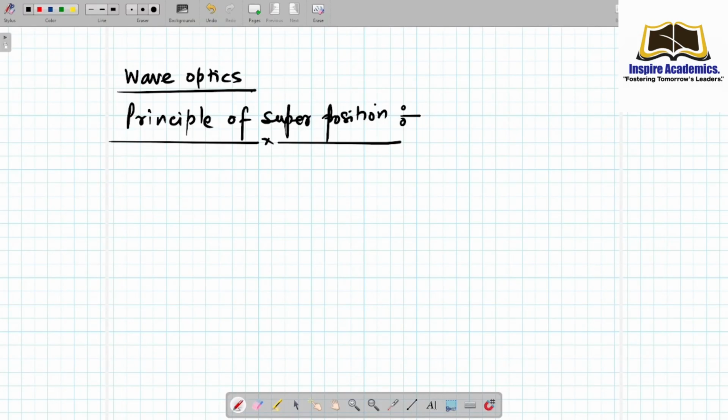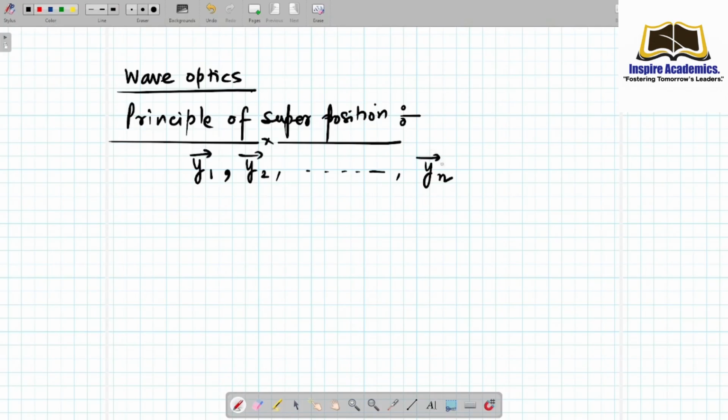Suppose हम एक wave ले लेते हैं. Let's say एक wave है and its equation is y1. We represent this equation as y1, and then we also take another wave and we represent this as y2, and so on. Finally we take nth wave. Suppose n waves are there, so their displacement vectors are y1, y2, y3. क्या हैं इनके?